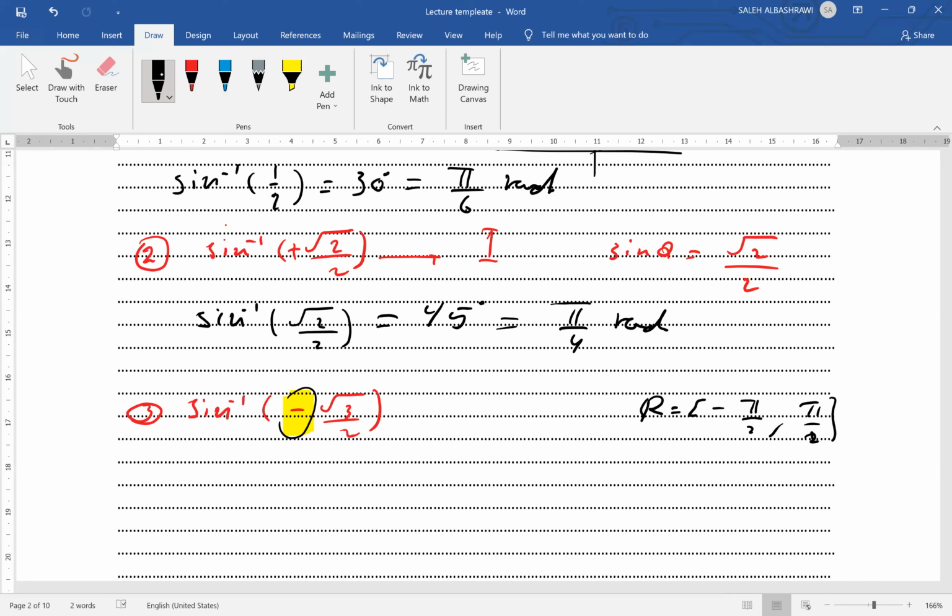Now, sine inverse of minus square root of 3 divided by 2, if we ignore the negative, it is 60. This is one of the special angles. But since this is negative, I will have minus 60 or minus pi over 3. So sine inverse of minus square root of 3 divided by 2 equals minus 60 degrees, or minus pi over 3 radian.